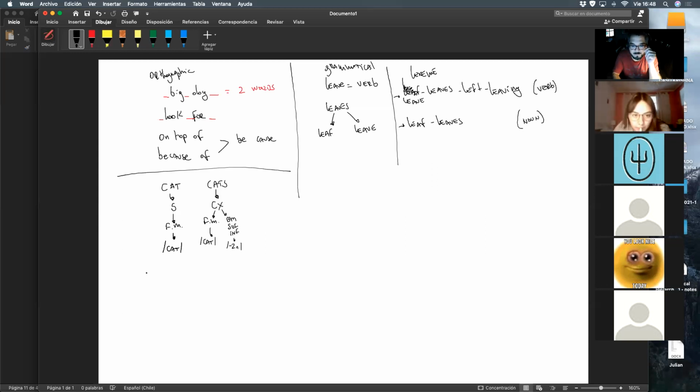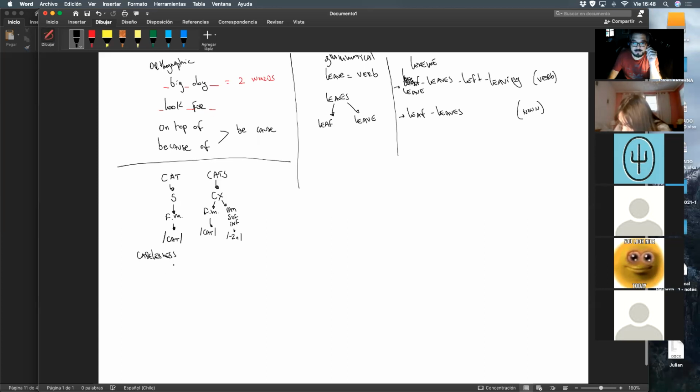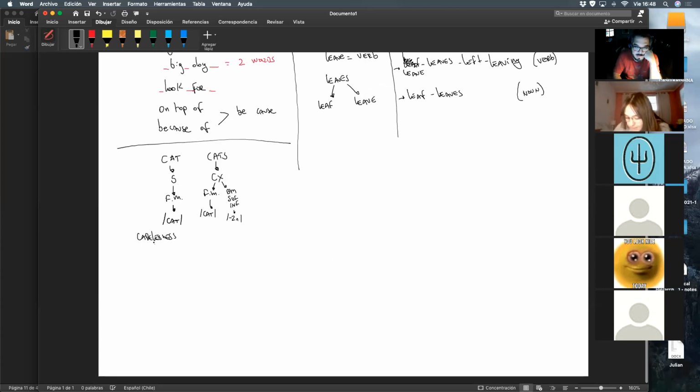Another example. Carelessness is a complex lexeme made out of a free morpheme, care, a bound morpheme, suffix, derivational, care es verbo, careless es adjetivo, derivational, que es less, and then another one, which is another bound morpheme, suffix, derivational, ness, right?